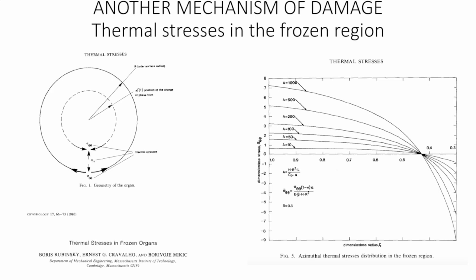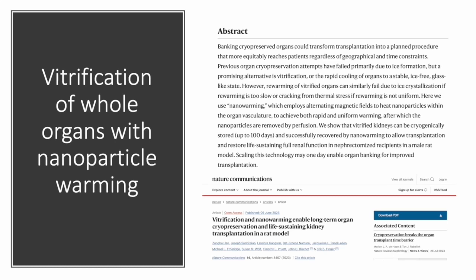So the problem with organs is actually several levels of problems. One of them is that tissues are made of different cells. The optimal cryopreservation of different cells is different.